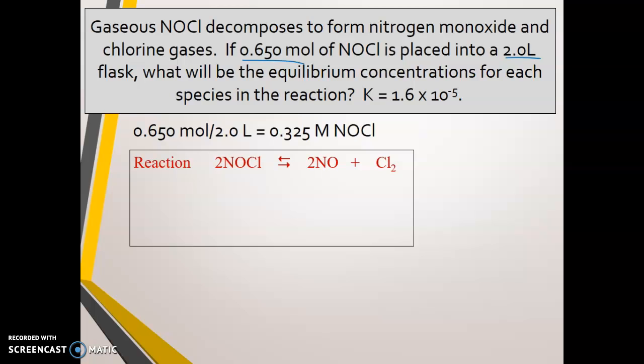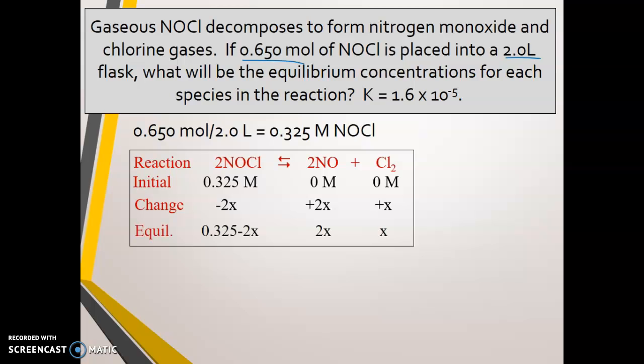So we know the initial concentration only for our reactant. We don't know anything for nitrogen monoxide or chlorine, so we're going to assume 0. Now, looking at the change, we're going to shift to the right, so minus 2x and plus 2x, and then plus x, and then our equilibrium.